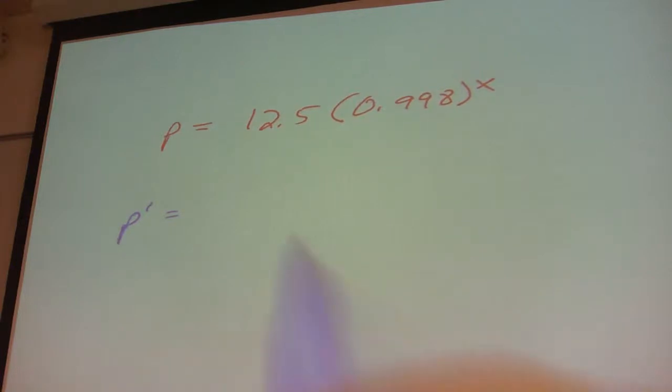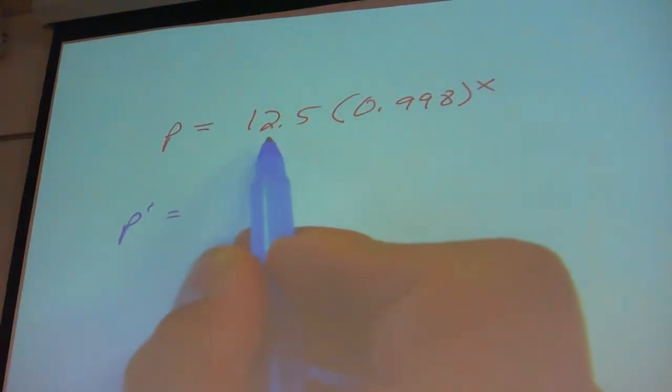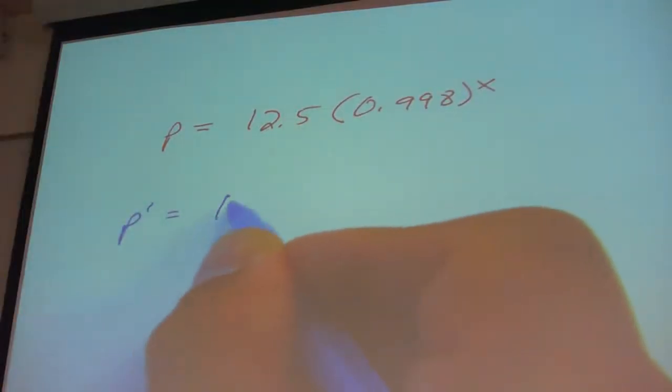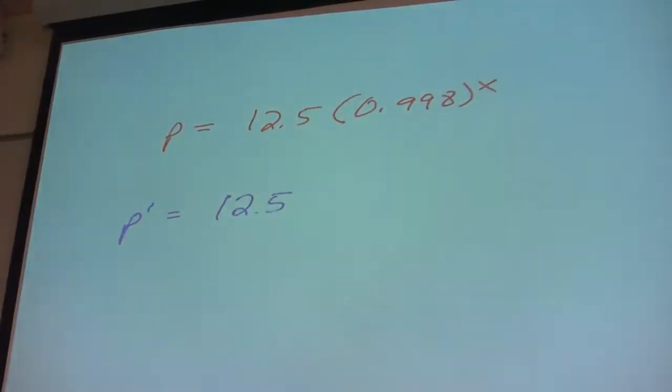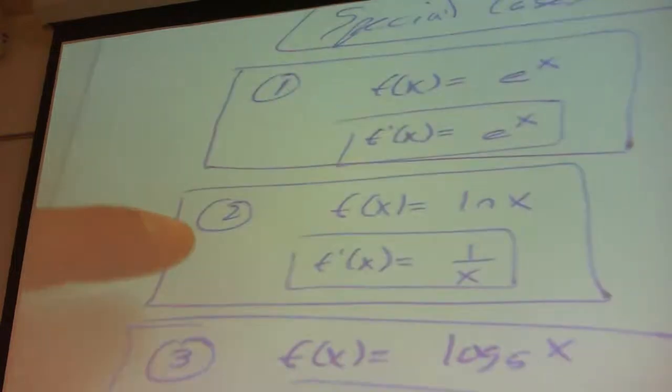Step 1. There's a number in front. What do we do when there's a number in front? Keep it there. Question so far? Is this a special case? Which one? Is it an e? Is it an ln?